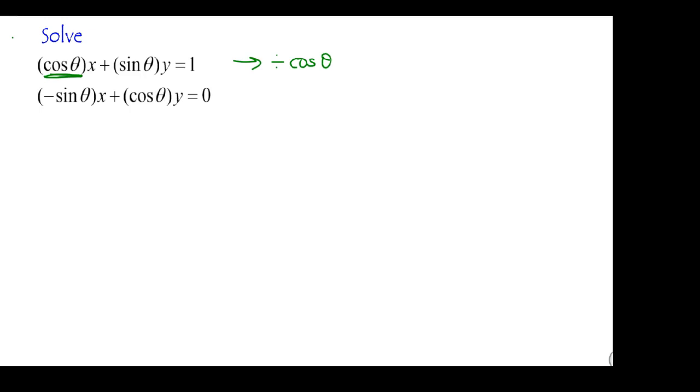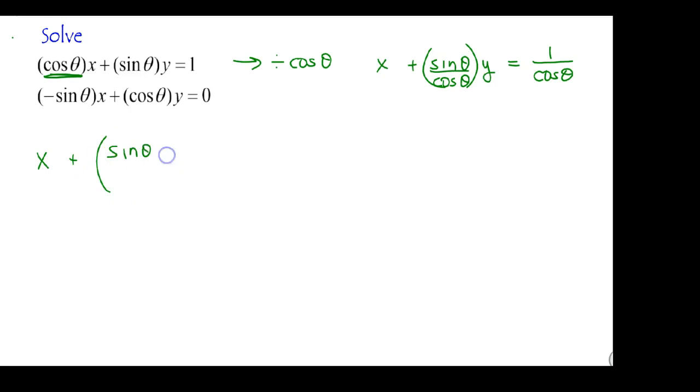That will give me 1x plus sine of theta divided by cosine of theta times y is equal to 1 divided by cosine of theta. I simply divided each term of that first equation by cosine of theta. So that becomes my new top row in the first iteration.